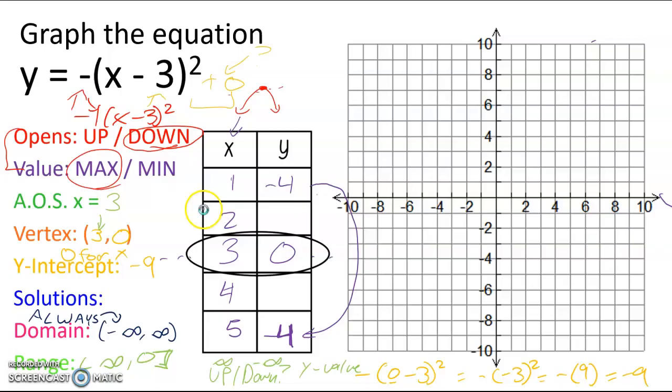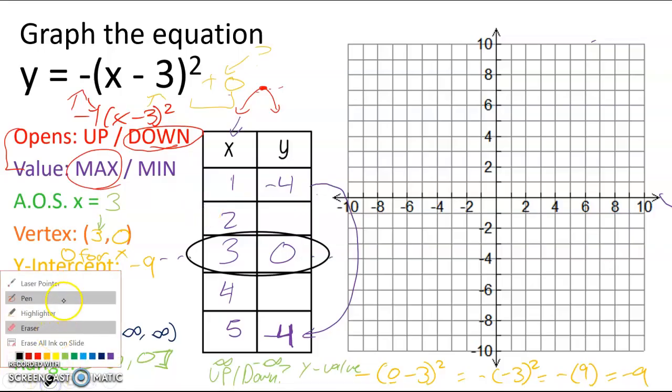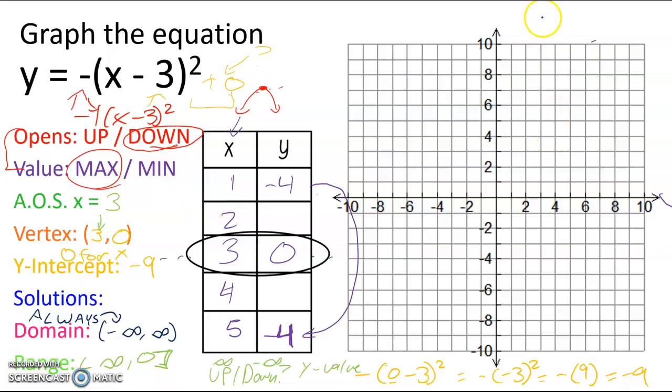And then for 2, I just plug in 2. So I got negative, and then 2 minus 3 equals negative 1. Negative 1 squared is just 1, but with the negative outside, it turns into a negative 1. So plug in 2, you get negative 1. Remember, this one has to be equal to that one, so I'm going to put a negative 1.